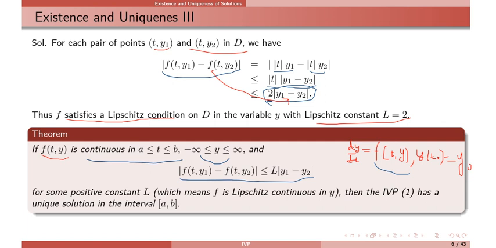So we have 2 conditions: first, continuity of f, and second, Lipschitz in y. If f is continuous and satisfies the Lipschitz condition, then the given IVP has a unique solution in the interval a to b.